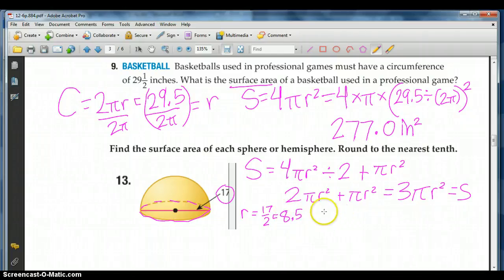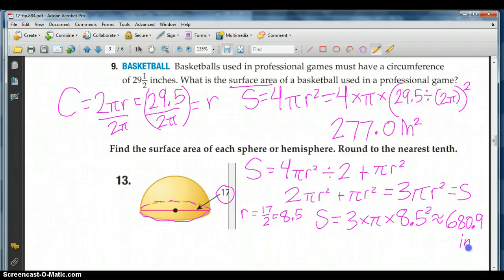So if we substitute that in, our surface area is equal to 3 times pi times 8.5 squared, which gives us approximately 680.9 square inches.